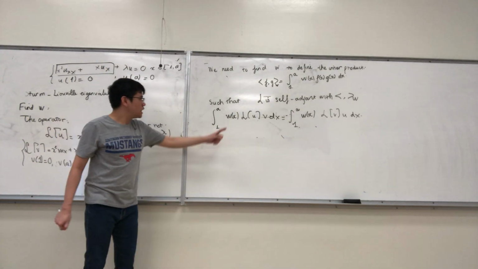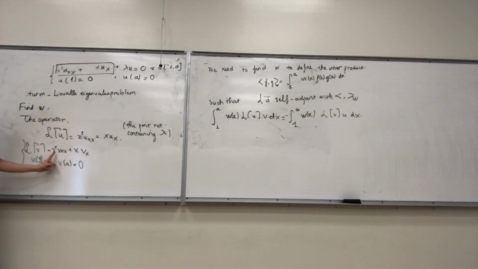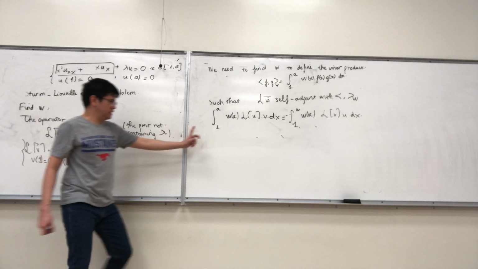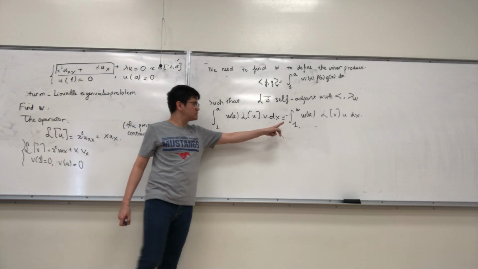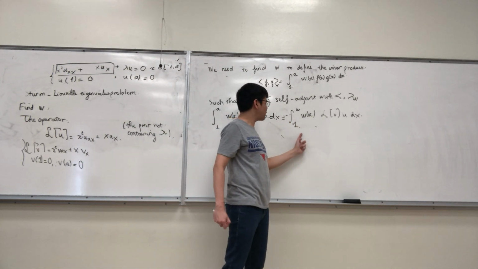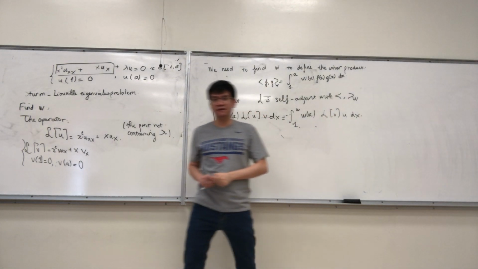In other words, if you consider Lv equal to x squared vxx plus x vx with the same boundary conditions, then the integral from 1 to a of w(x) Lu v dx will be equal to the integral from 1 to a of w(x) Lv u dx. Right?